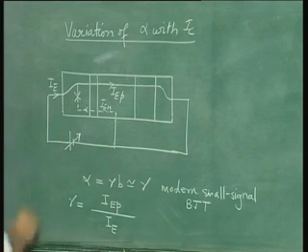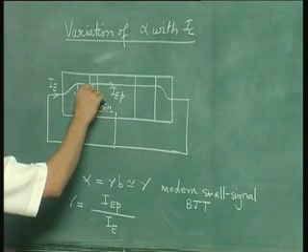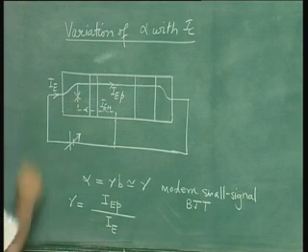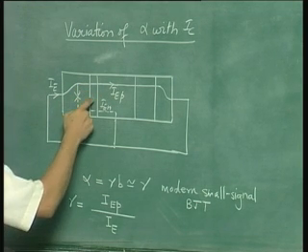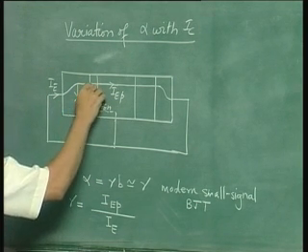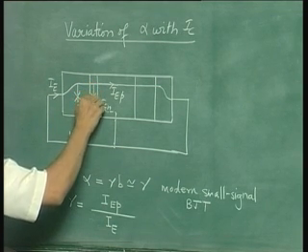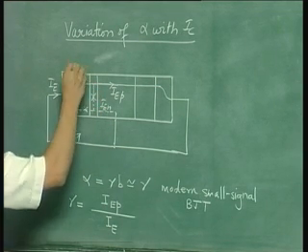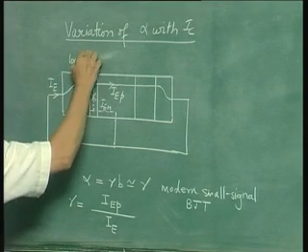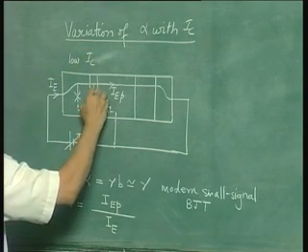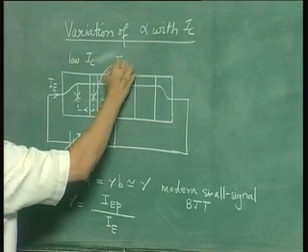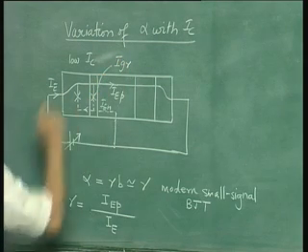For very low collector currents, the recombination in the depletion layer, which we have neglected, is significant as compared to this current. So for low currents the picture is this. This current is normally denoted IGR, generation recombination current.